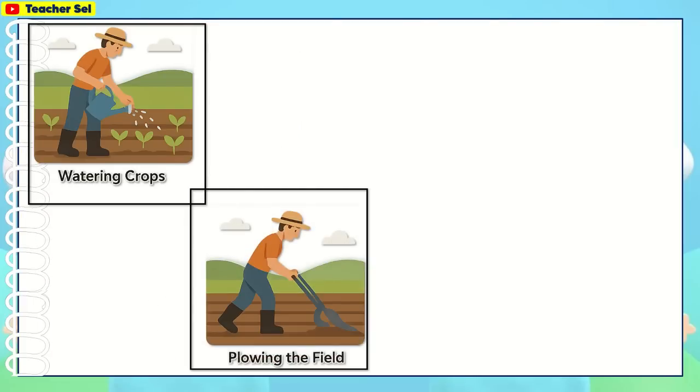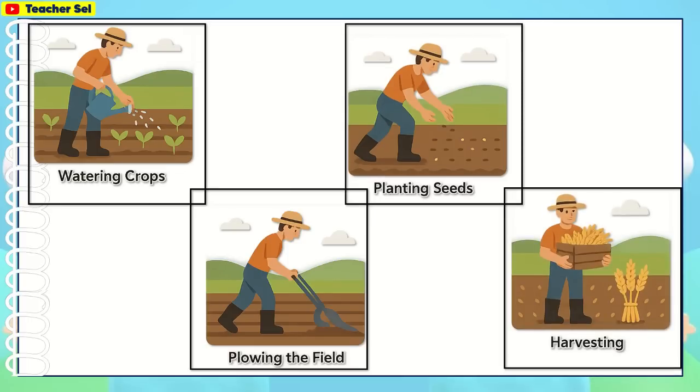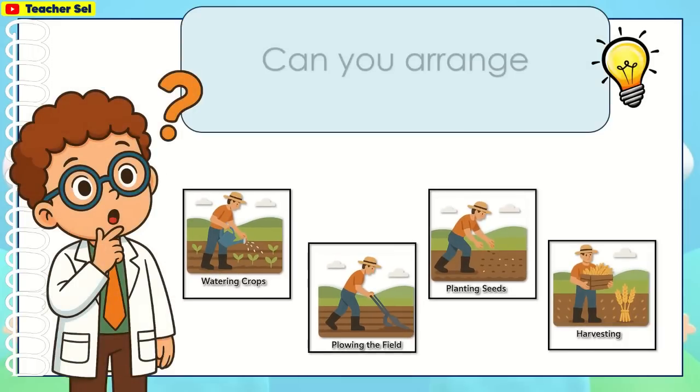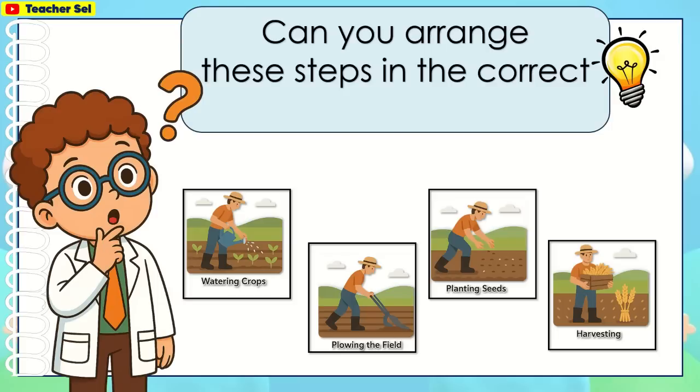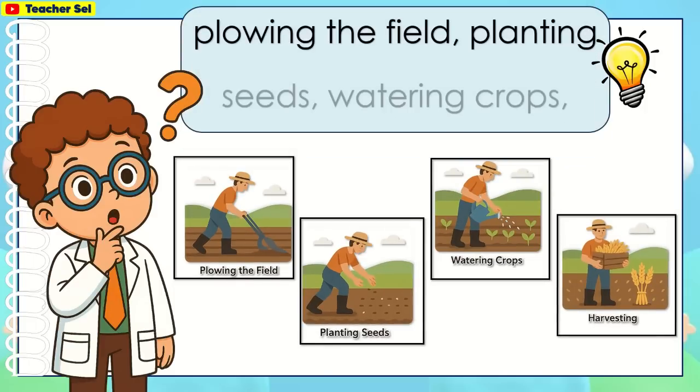Take a look at these illustrations: watering crops, plowing the field, planting seeds, and harvesting. Can you arrange these steps in the correct order? Here are the correct answers.